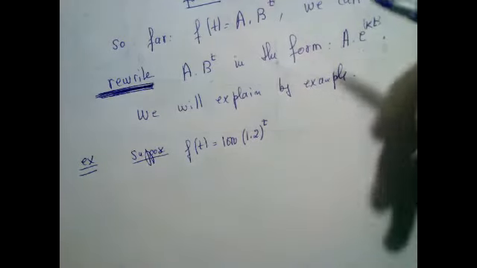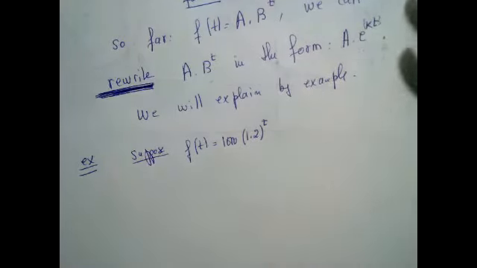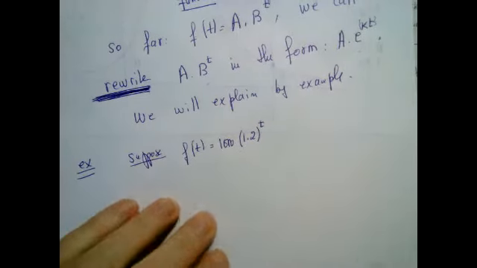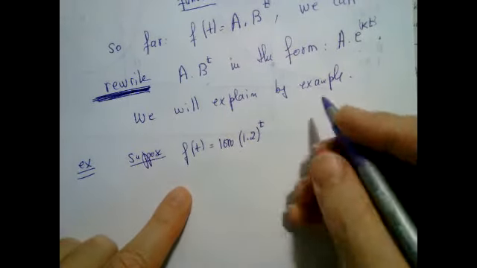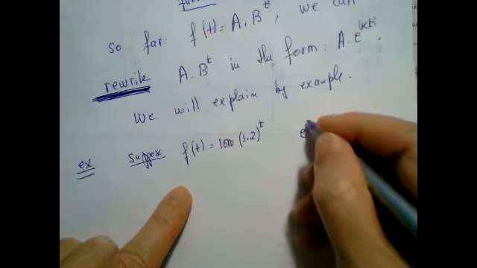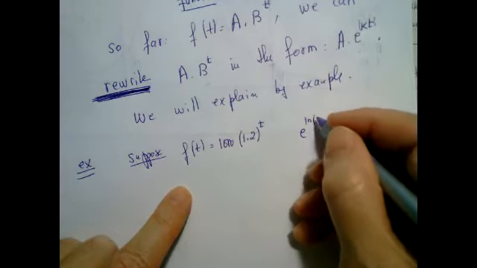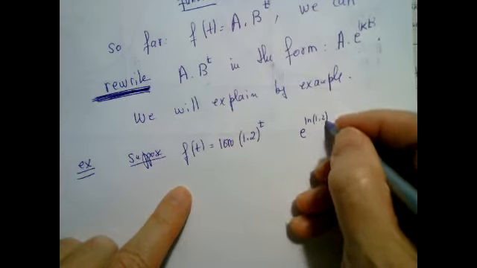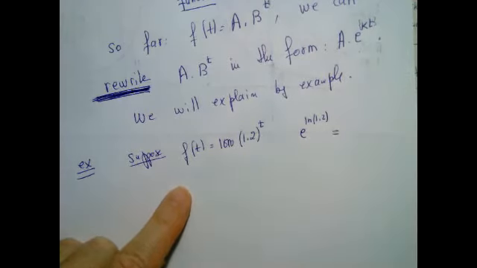So where is this e coming from? What's the k? What is this whole thing coming from? I need the following fact to understand. Before I move further, e to the ln of 1 over 2, this is equal to what?